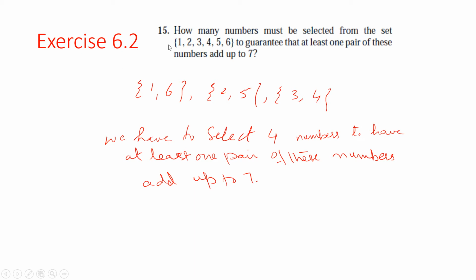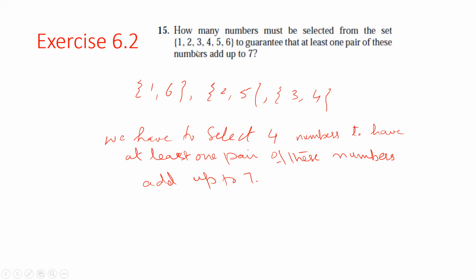So if we choose two numbers from this, those two numbers can be 1, 2. So we are not able to find a pair which adds up to 7. Again, if we choose three numbers, we are choosing randomly, so we can come up with 1, 2, 3. Even then we cannot find a pair which adds up to 7.